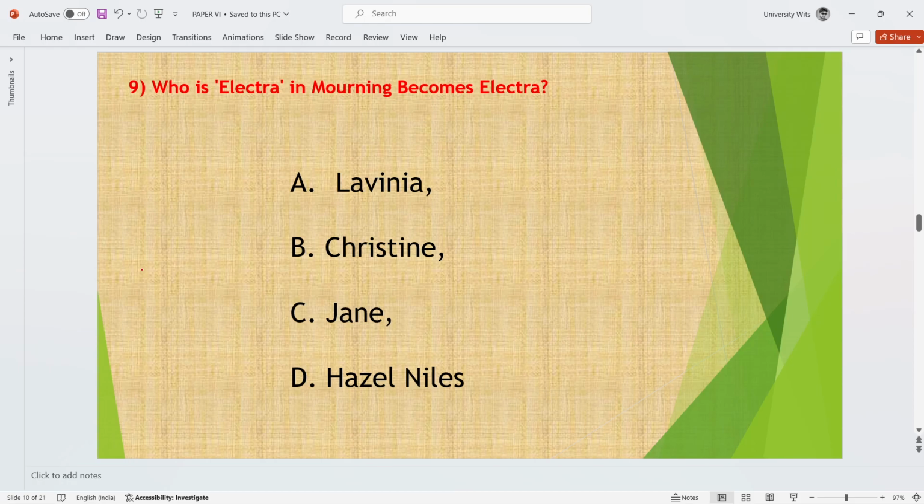Electra has a strong love for her father, so definitely you will get the Electra complex. Father and daughter love is the Electra complex, and mother and son love is the Oedipus complex. If you read Oedipus Rex, you will get this. Okay.